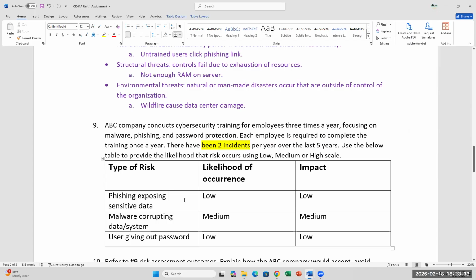So the type of risk, we're going to start with phishing, exposing sensitive data. And that will be low because 2 in a 5 year span, 2 times a year in the last 5 years, is somewhat low. The impact will be low. Now, you also have to determine other factors: the type of users that they're targeting with the phishing campaign, and those users are privileged to certain data too, right?